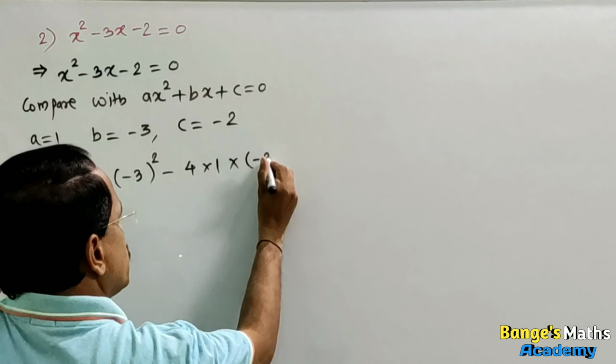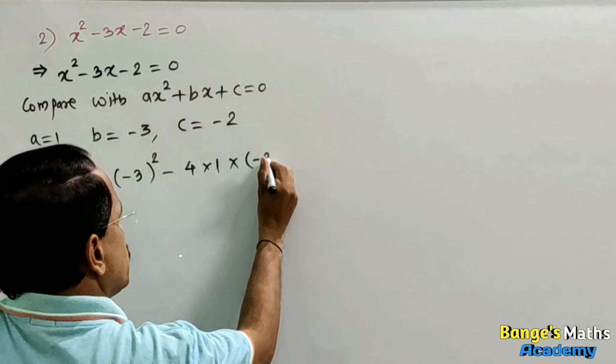So take one time plus sign and other time minus sign. x is equal to 3 plus root 17 upon 2, or x is equal to 3 minus root 17 upon 2.